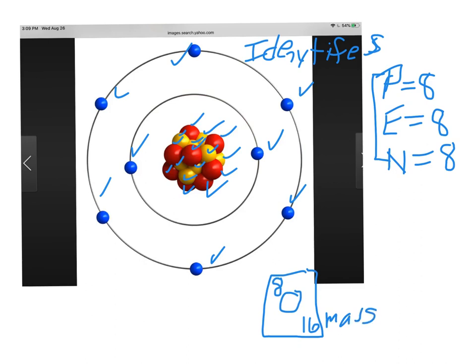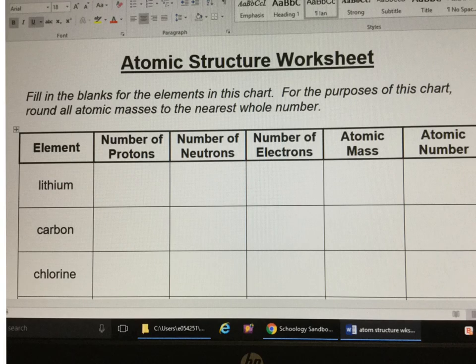Okay. All right, on the next frame, I'm going to put in a little assignment. You're going to take out a sheet of paper and you're going to give it a try. Okay, here's your assignment. You can take a quick picture or snapshot or screenshot. That way you know what elements to do. You're going to find the protons.